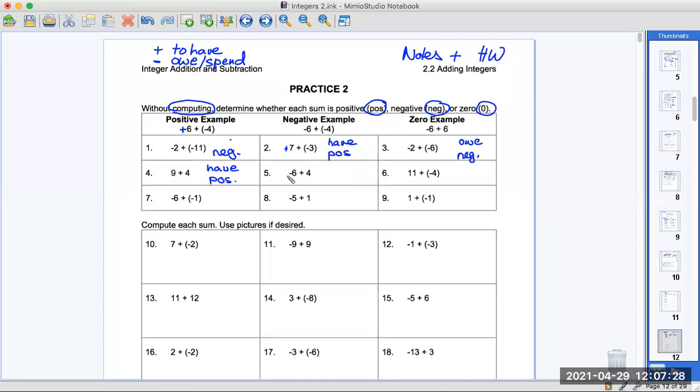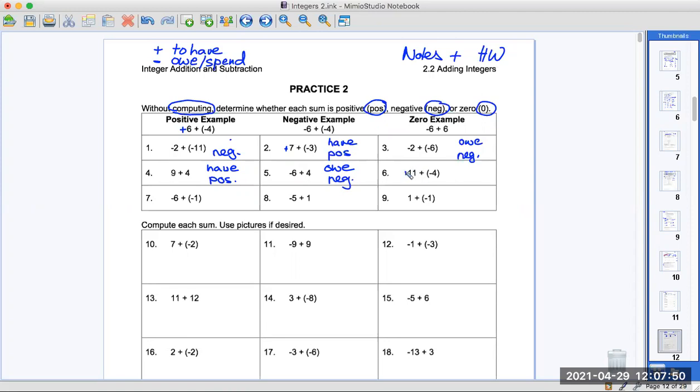Okay. Here you owe $6, but then somebody gives you $4. Do you have money or do you owe money still? You still owe, because you owe more than you have. So it's a negative answer.